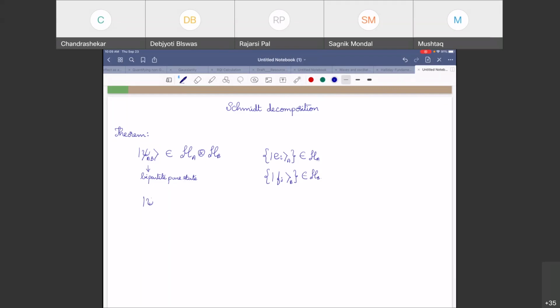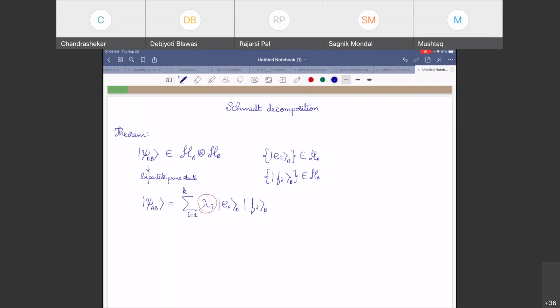you can write psi AB in this form: the sum, with i running from 1 to k, of some coefficient lambda_i times e_i for A and f_i for B. That is, you can write your bipartite state in terms of the orthonormal bases of A and B with some coefficients.